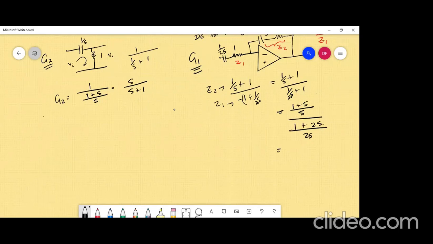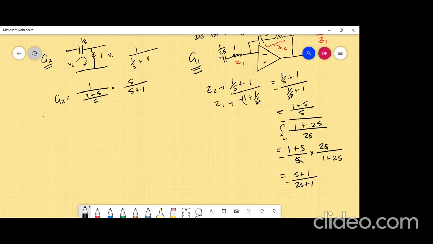So it's 1 plus S over S multiplied by the denominator, which is going to be 2S. This part here, when we flip it, is going to be 1 plus 2S. So that cancels that. S plus 1. So put the minus sign at the end of it down.